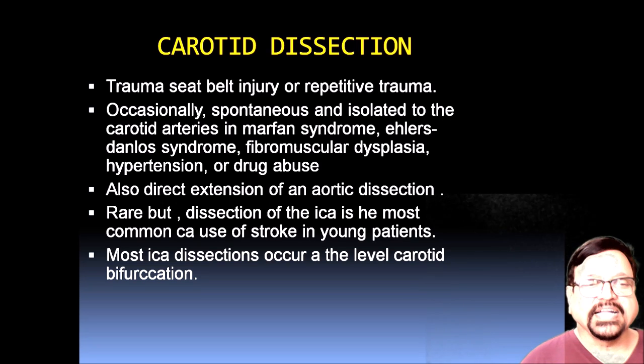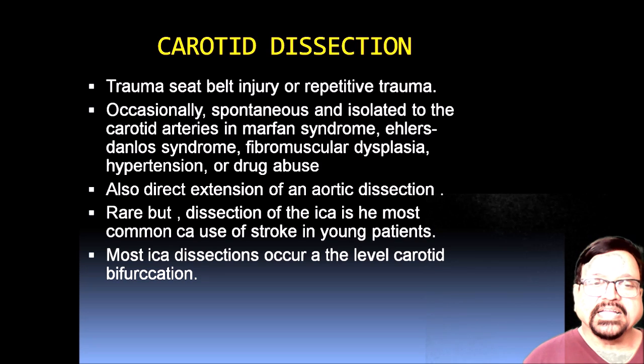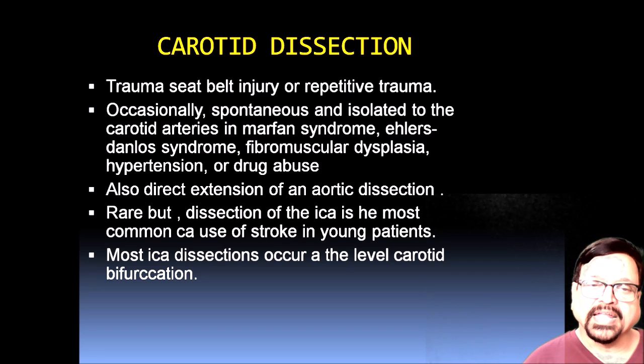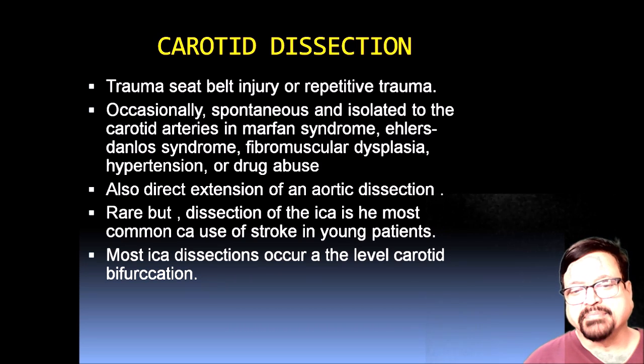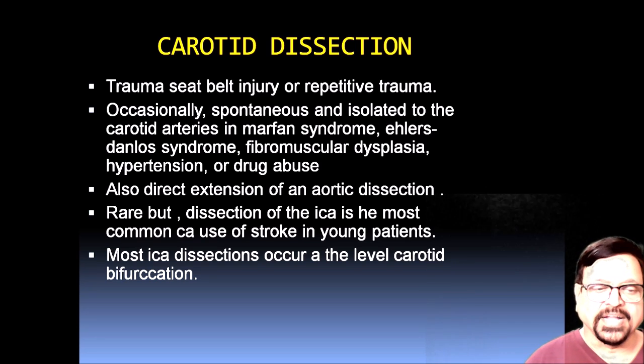Now, carotid dissection. Usually trauma like seat belt injuries or repetitive trauma, because of blows or because of occupation, can cause this. Occasionally it is spontaneous and isolated to the carotid arteries, in Marfan syndrome, fibromuscular dysplasia and other diseases which we have enumerated.